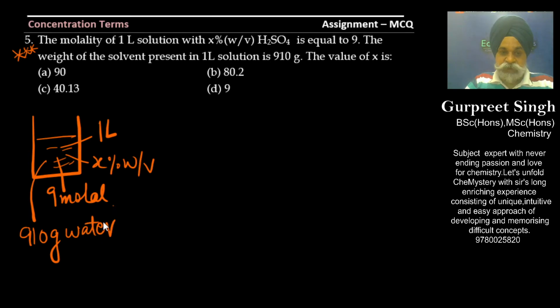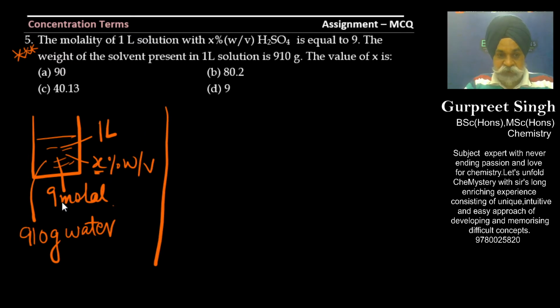This is the data given to you. Let me repeat once again. You are being provided with 1 liter sulfuric acid solution whose weight by volume percent is X and whose molality is 9, and this solution also contains 910 gram of water. Now, what you have to find out is the value of X.